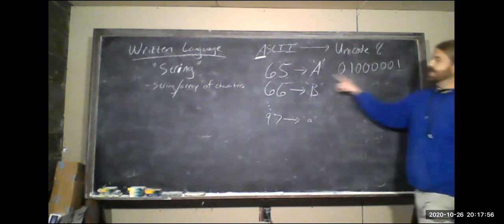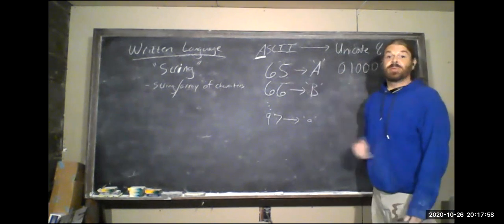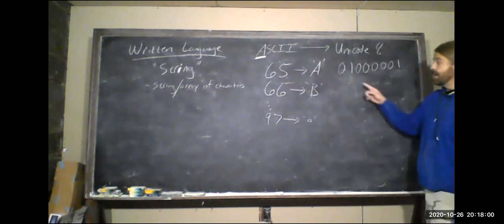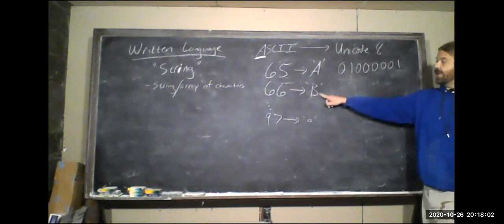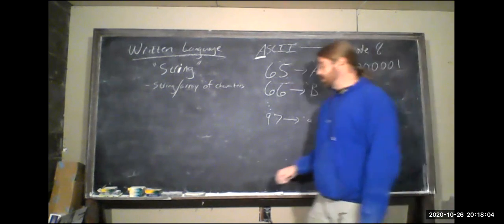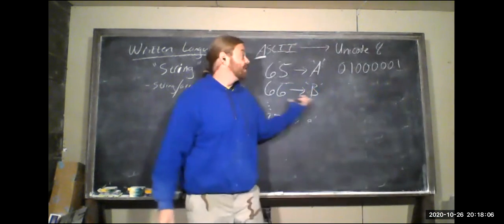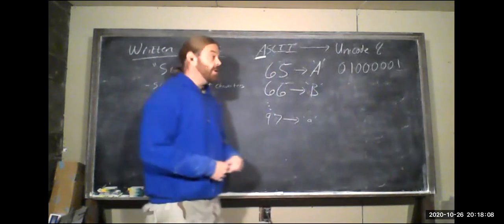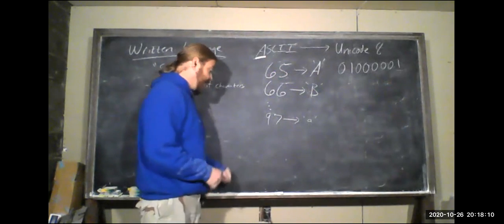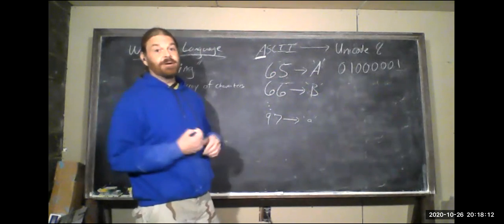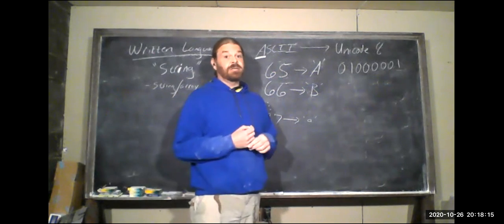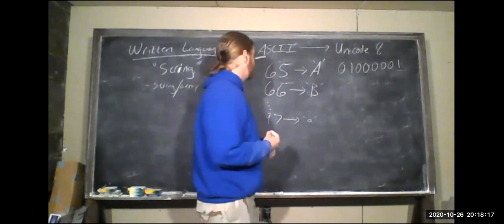So the binary representation of 65 is how the computer actually keeps track of an A. And same thing for all of our symbols. Whichever symbol we're working with, we just assign each character a number.